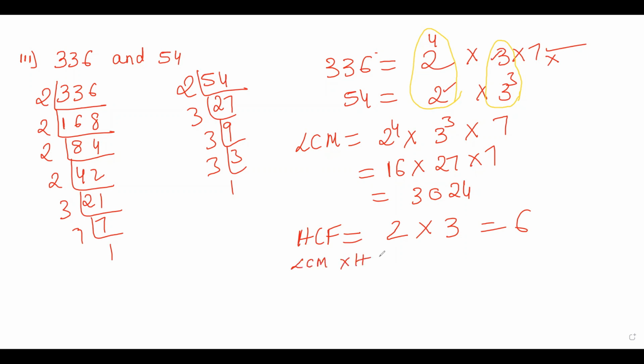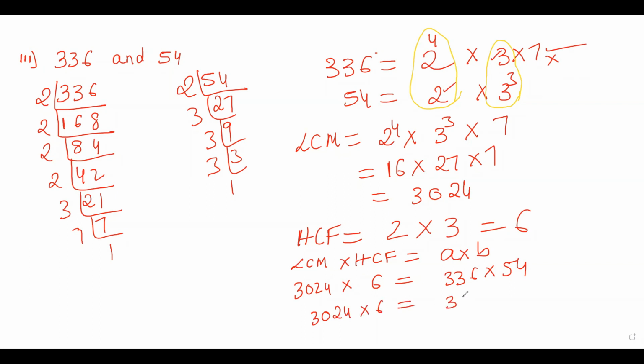Okay, let's verify the formula. LCM into HCF is equal to the product of the given numbers. LCM is 3024, HCF is 6. First number is 336 and the next number is 54. I will show these two are equal without multiplication.